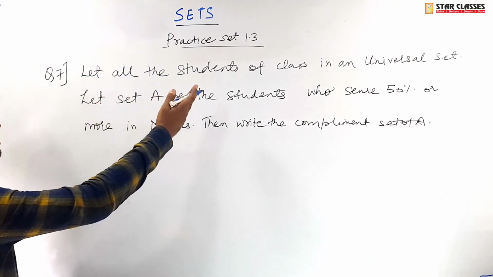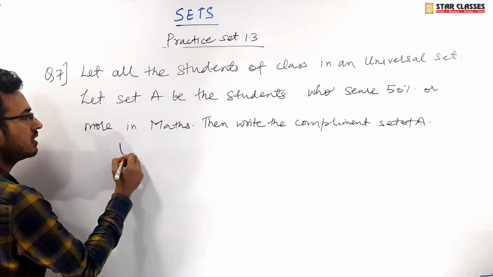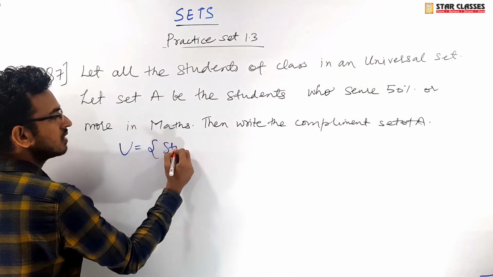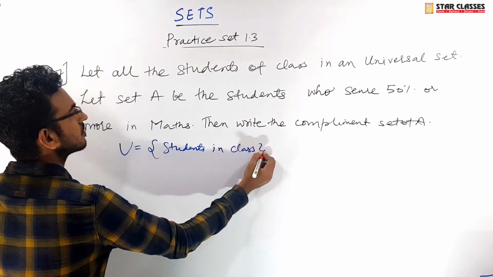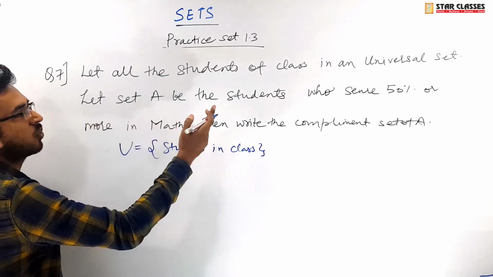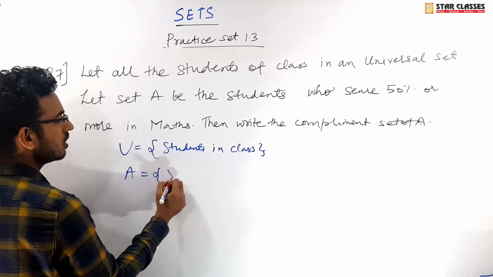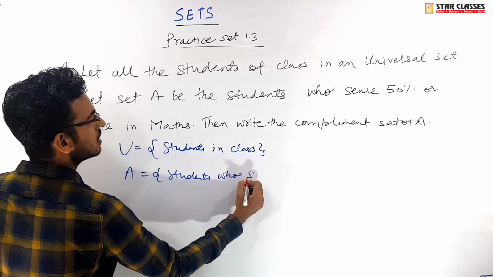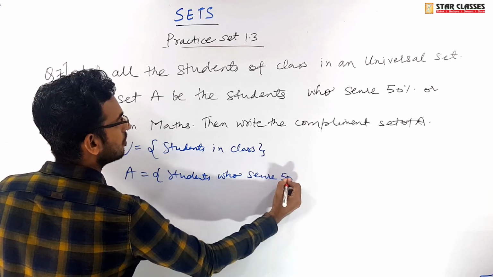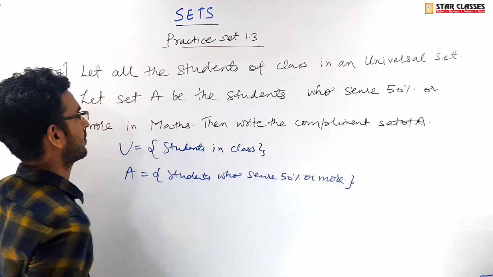Let us do question number 7. Let all the students of a class be the universal set. So your universe is students in class. Let A be the students who secure 50% or more. A is equal to students who secure 50% or more.